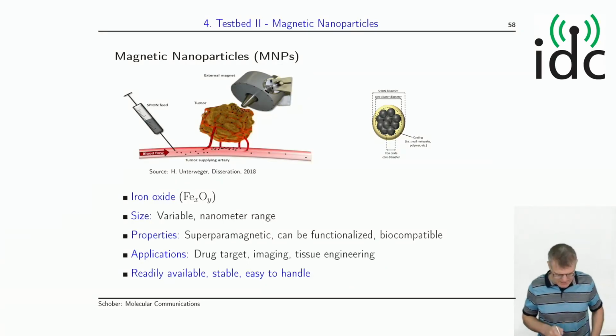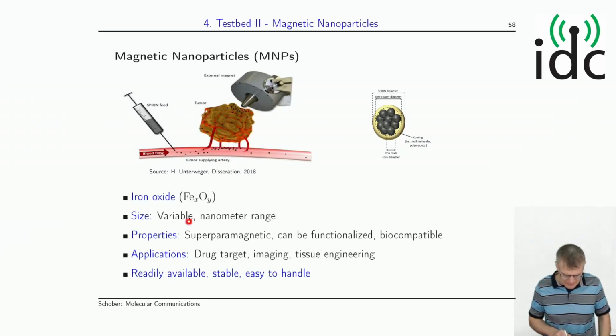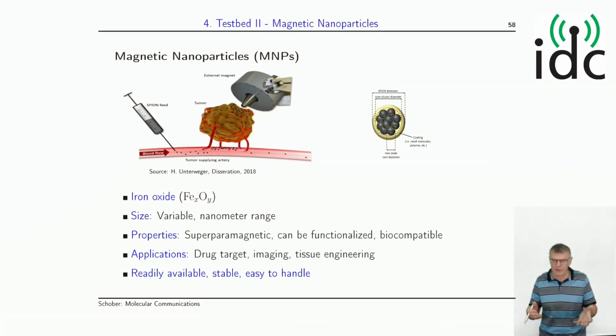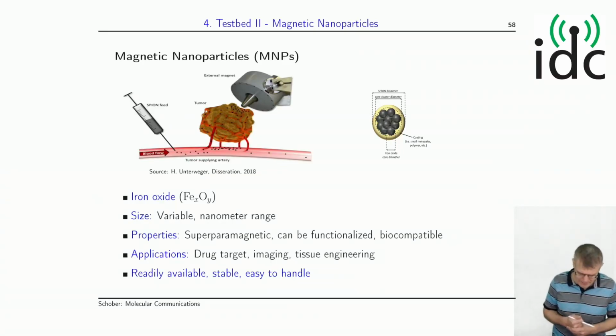And then second, they are iron oxide particles, so they're paramagnetic. On the one hand you can attract them with a magnet, but on the other hand you can also easily detect them because they're iron oxide particles. And this was a second attractive feature.